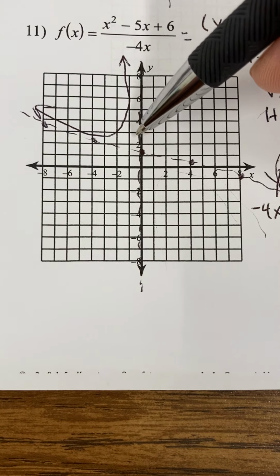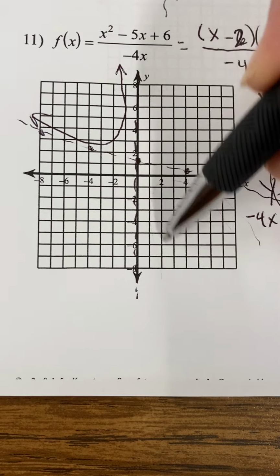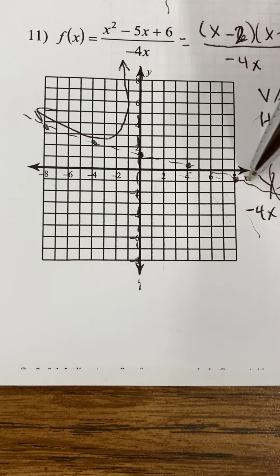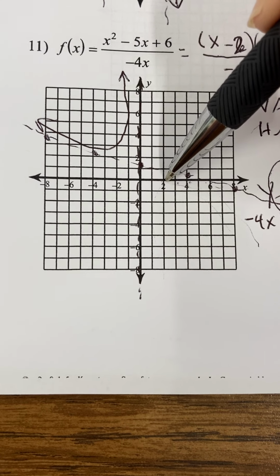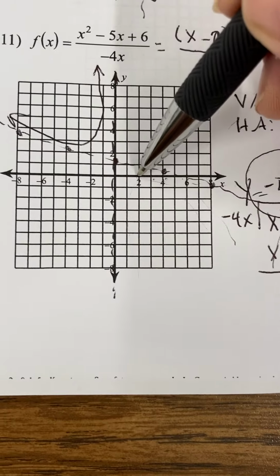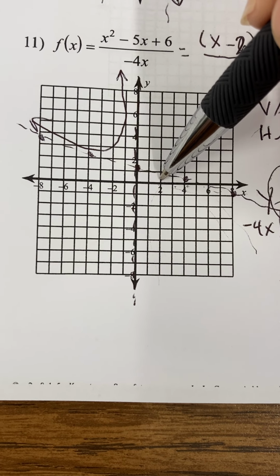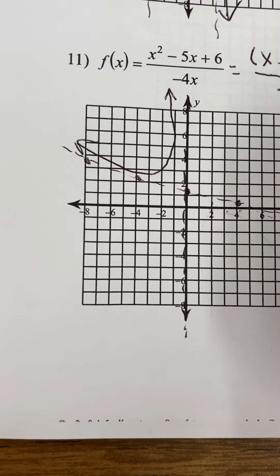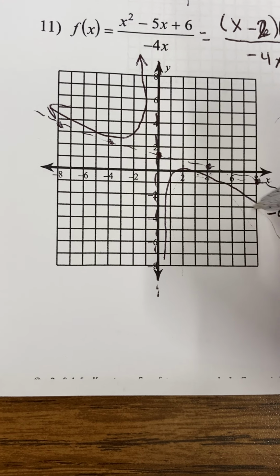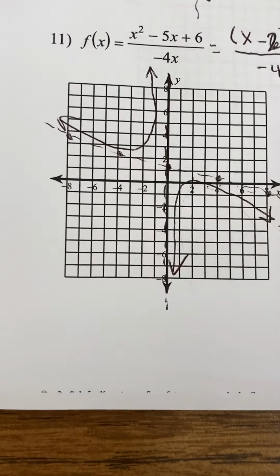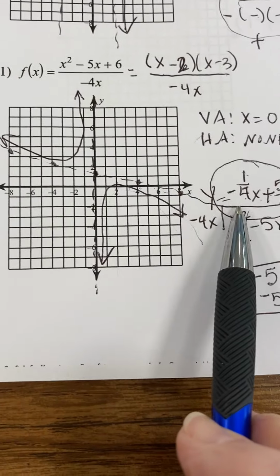Then you're going to pick something to the right of this axis. You can do like 2, 4, 6, 8, it doesn't really matter, 3, 5, it doesn't matter. Plug it into your equation up here, and you're going to find that it falls down here. So this one's going to come and kind of go like this. And that slant asymptote was right here.